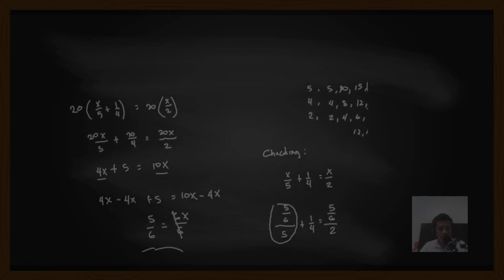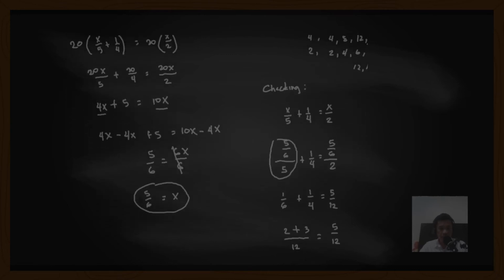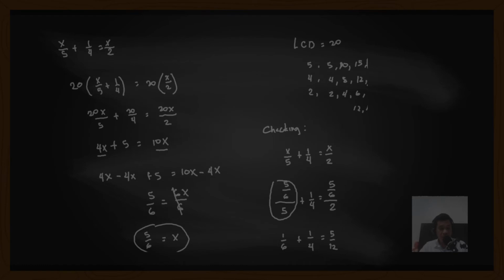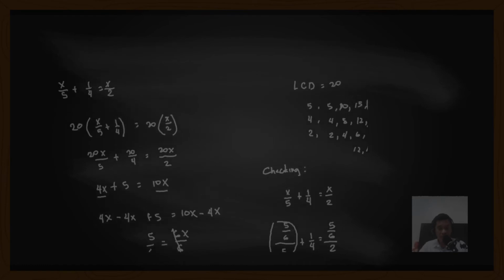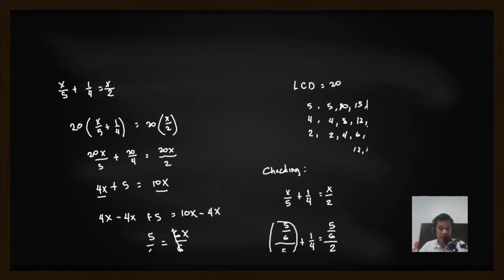So I hope nakuha yung process. Tandaan lang, in solving rational equation, the first thing you're going to do is you're going to eliminate the denominator. So to eliminate that one, you need to find the LCD. So in this given example, our LCD is 20. Then, if you have already your LCD, you multiply that one to both sides of the equation and then simplify.